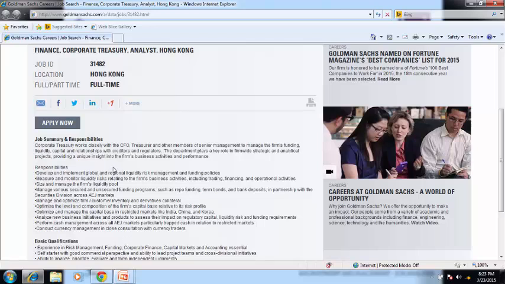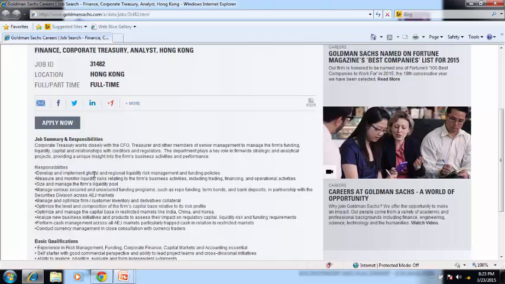So this is your job description. And if you see, the corporate treasury works closely with the CFO, so as I was talking about the relationship, they would be working with other members of senior management to manage the firm's funding, liquidity, and so on.